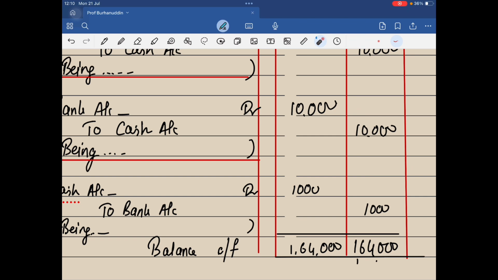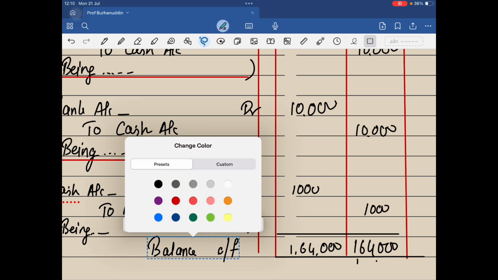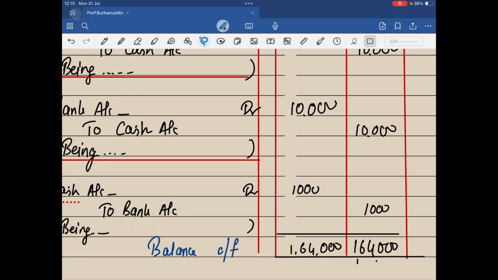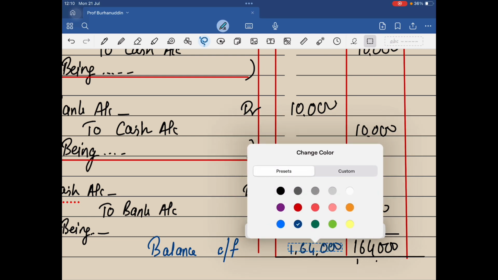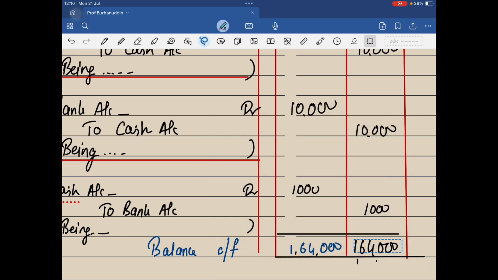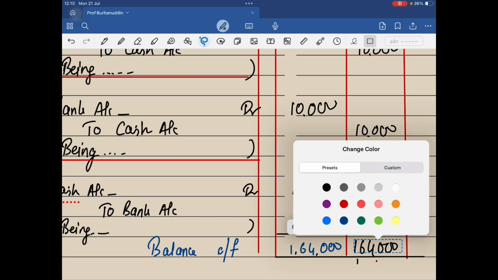The full form of this is balance carry forward. Now I'll write this with a different pen so that it is remembered. I'll take the blue one, and the total also. Done.